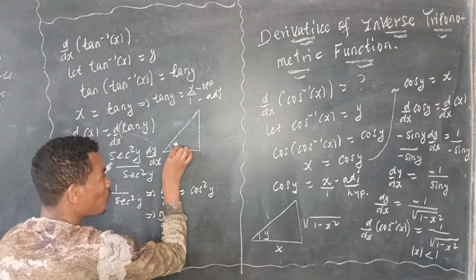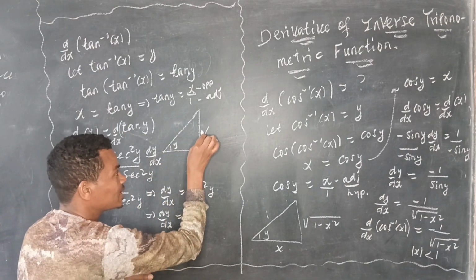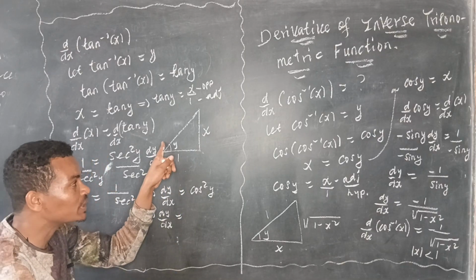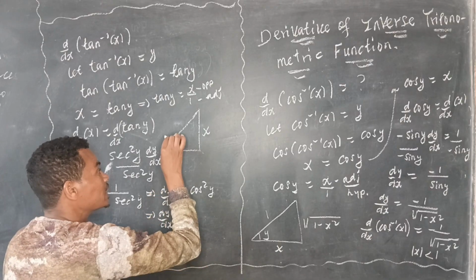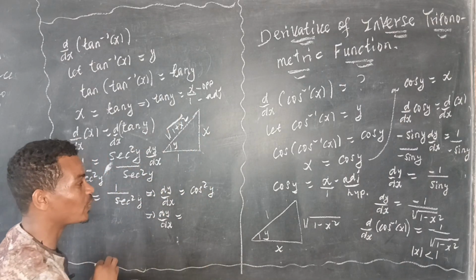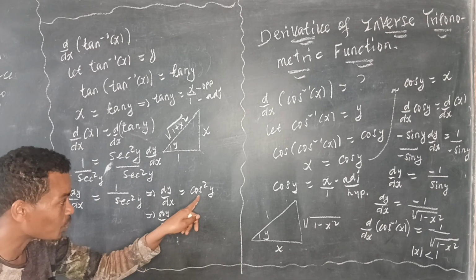The angle is y. For this angle, the opposite side is x, the adjacent is 1, and the hypotenuse is square root of 1 square plus x square, that is square root of 1 plus x square. And from this, dy by dx is equal to cos square y.